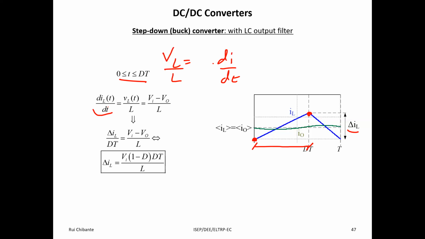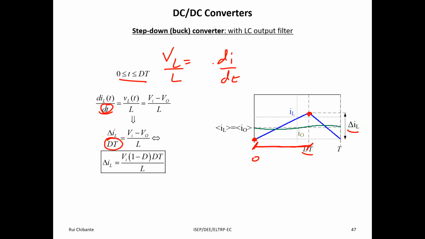So I can discretize this derivative, saying that delta IL is the current variation, and delta T is this time interval from 0 to the duty cycle times the period. So delta T is equal to the duty cycle times the period.